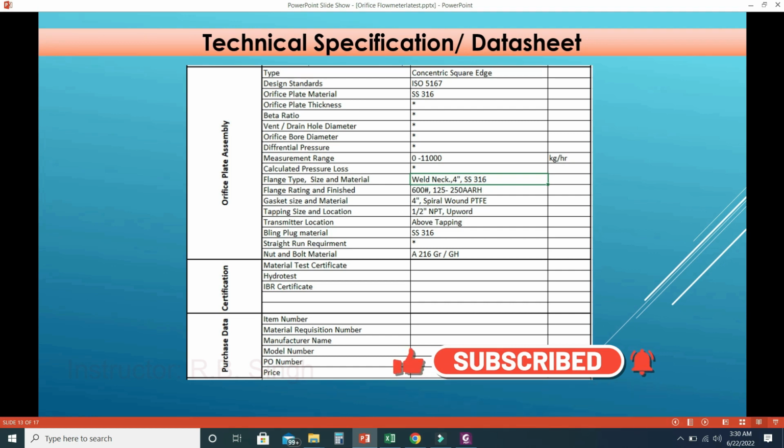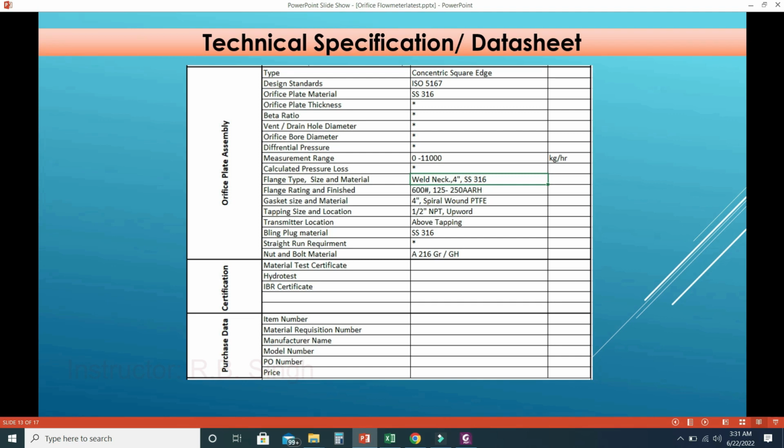When certification is required, we can mention it here. Then the purchase data we can also mention here. So all these technical terms and information we can put in the format of a project document, and that will be the data sheet of any orifice flow meter.